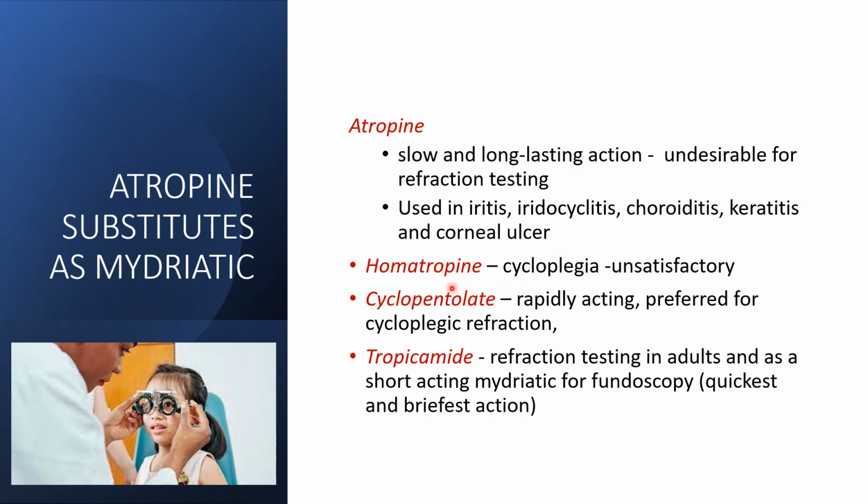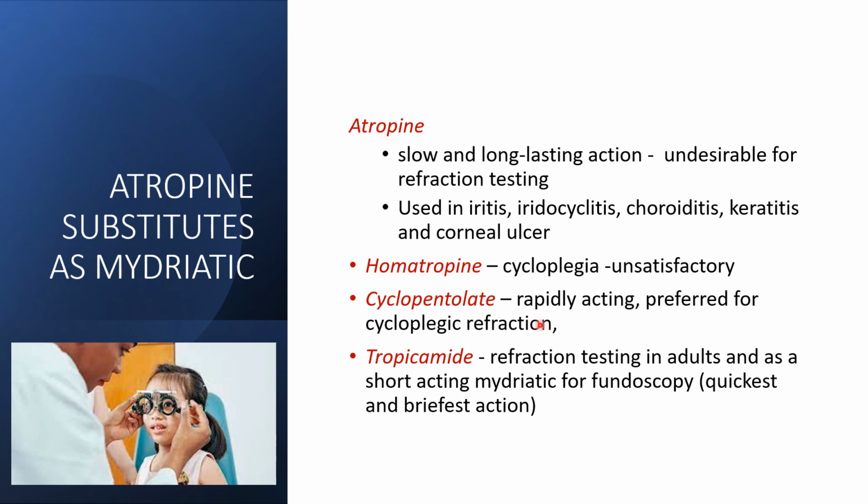Homatropine eye drops: here the cycloplegia produced by homatropine is unsatisfactory, whereas cyclopentolate produces good cycloplegic action, and hence it is used as an eye drop for refraction testing, especially in children where we need cycloplegia for proper refraction testing.